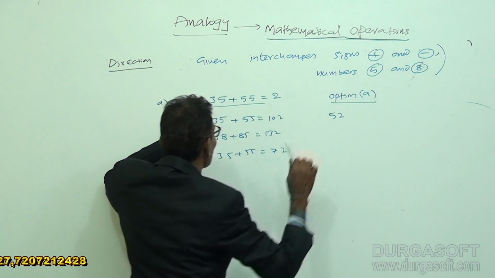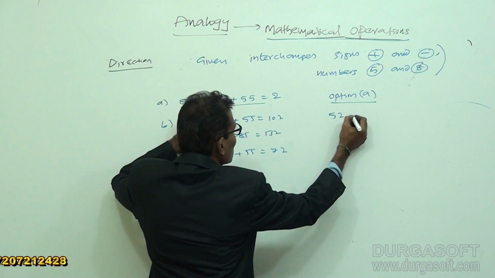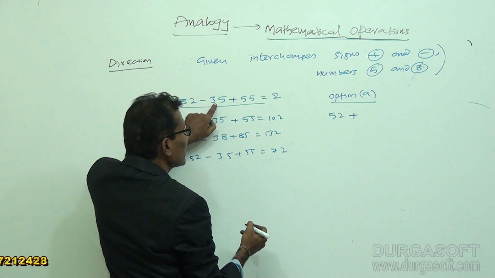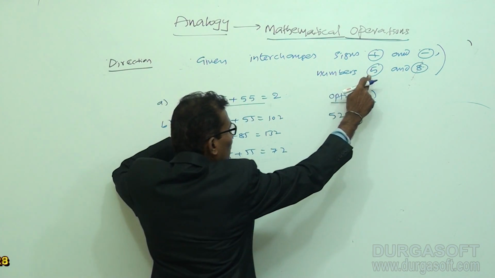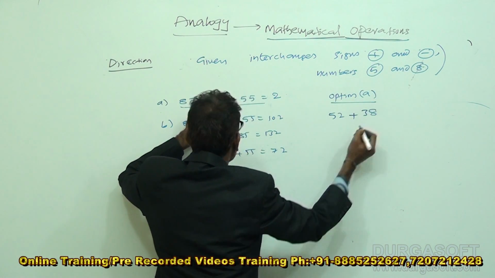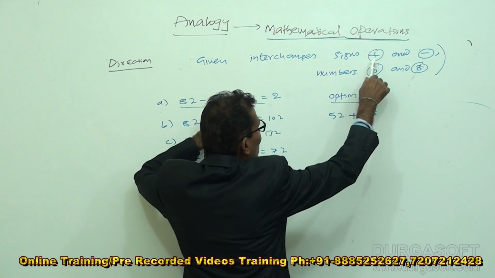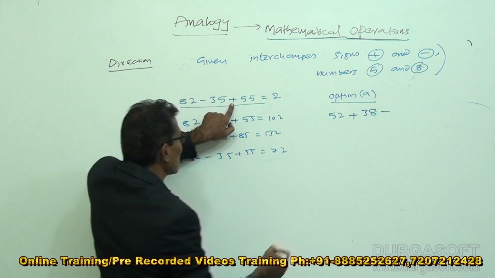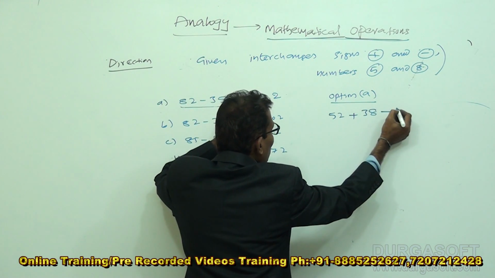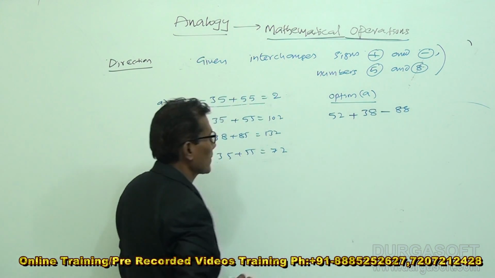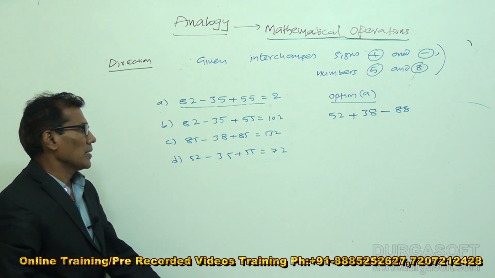Minus and plus should also be interchanged, so in place of minus I should write plus. Then 35: 3 is okay, but 5 should be interchanged with 8, so 38. And plus should be changed to minus, so I should write minus. Again 55: 5 should be changed to 8, so instead of 55 I should write 88. So the changes are made.